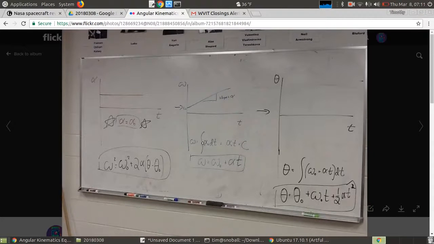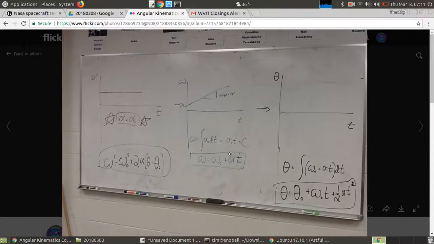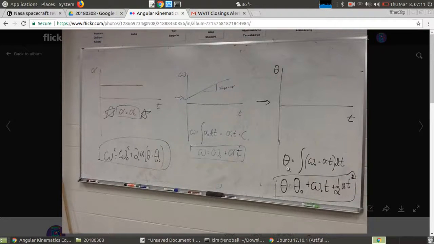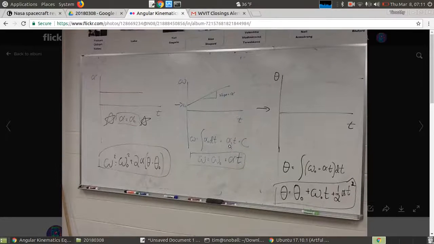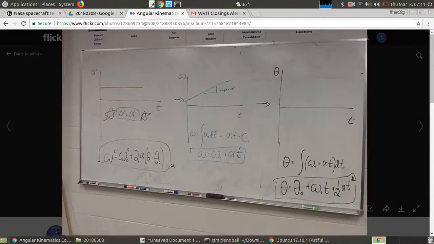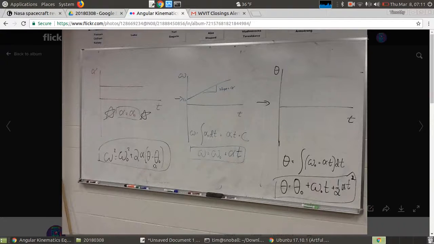I know I have this set up with calculus, but don't worry about that if you're not in a calculus-based course. This equation looks just like position versus time for 1D linear motion. This looks just like velocity versus time for 1D linear motion. And there's a third one that we could combine them to come up with as well.